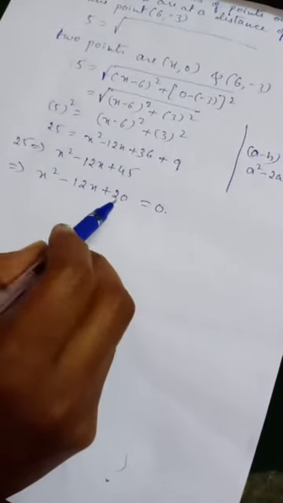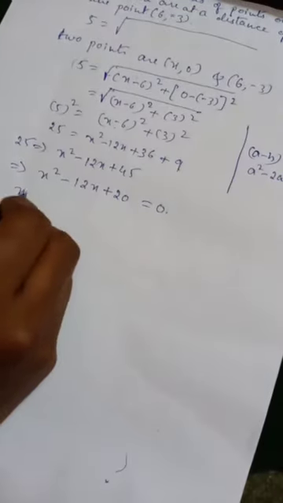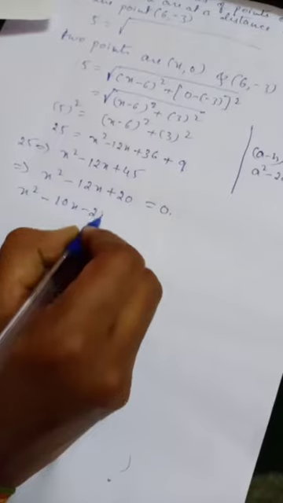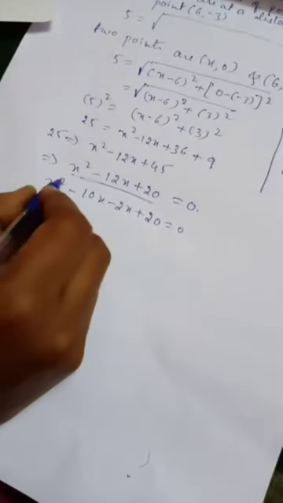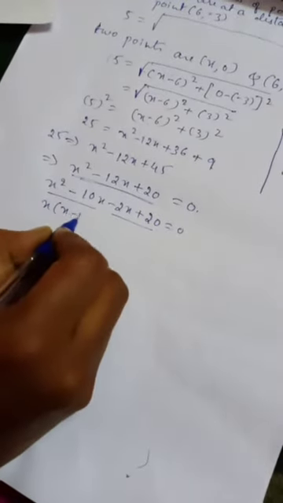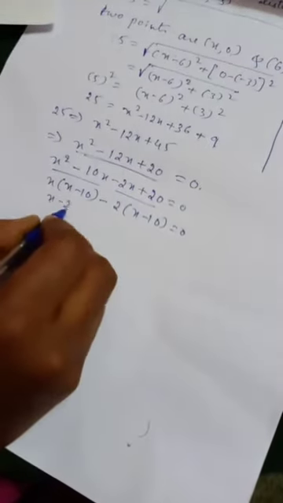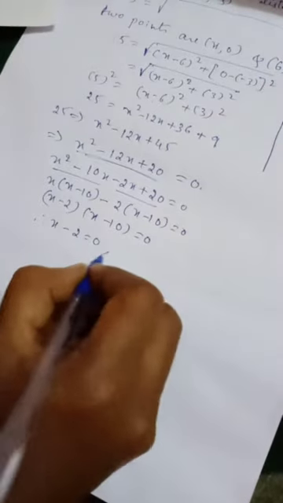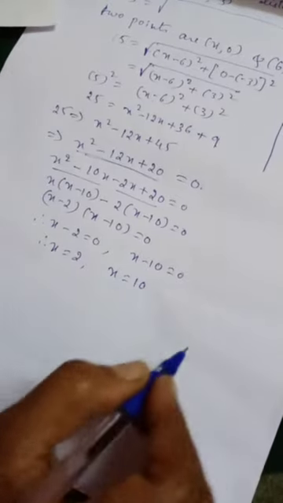So solving this equation by the method of factorization, we will have x square, I'll take this 12x as 10x minus 2x plus 20 is equal to 0. You know how to find the factorization, you studied in the previous class. Which is common between these two? x is common. So x minus 10 minus 2 into x minus 10 is equal to 0. Now (x minus 2)(x minus 10) is equal to 0. Therefore x minus 2 is equal to 0 and x minus 10 is equal to 0. That is nothing but x equal to 2 and x equal to 10.